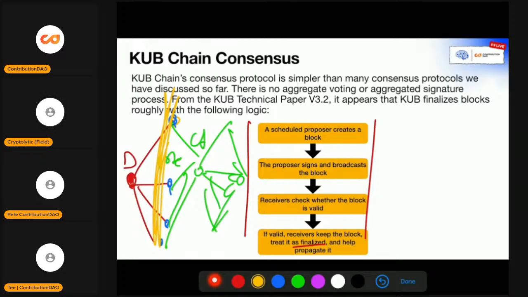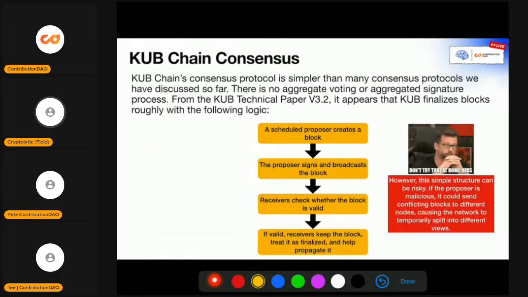So I think some of you can guess this one can be quite risky, but in the next slide, I will show you that KUB Chain introduces some variables to solve this. In this case, it's quite dangerous because the proposer just proposes a block to all of the validators, and then if it is valid, they just finalize it, and that is the end.